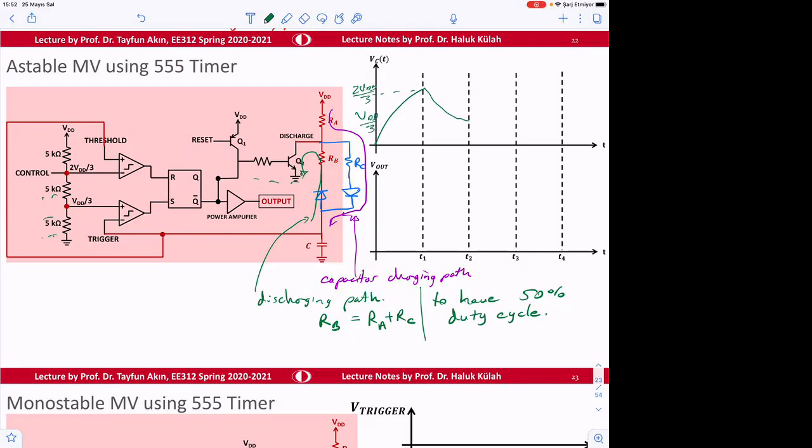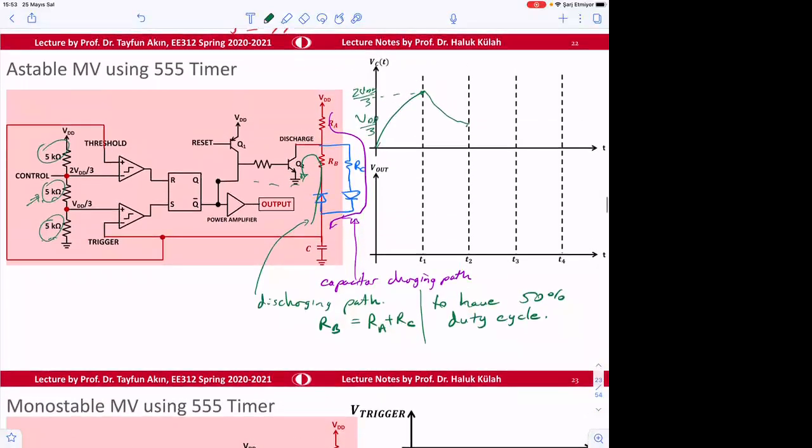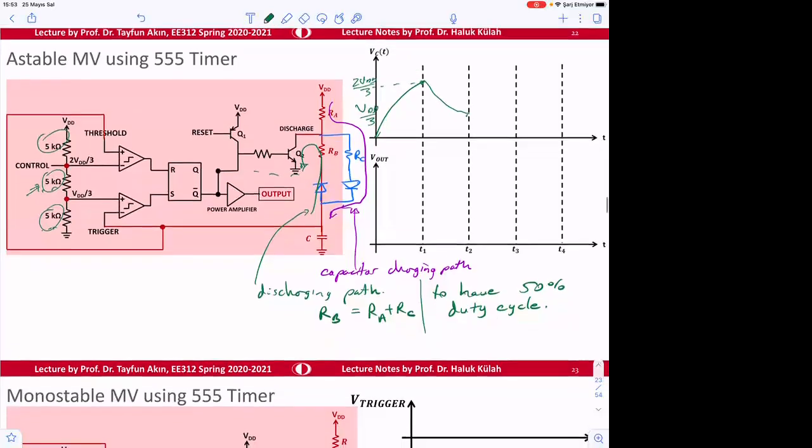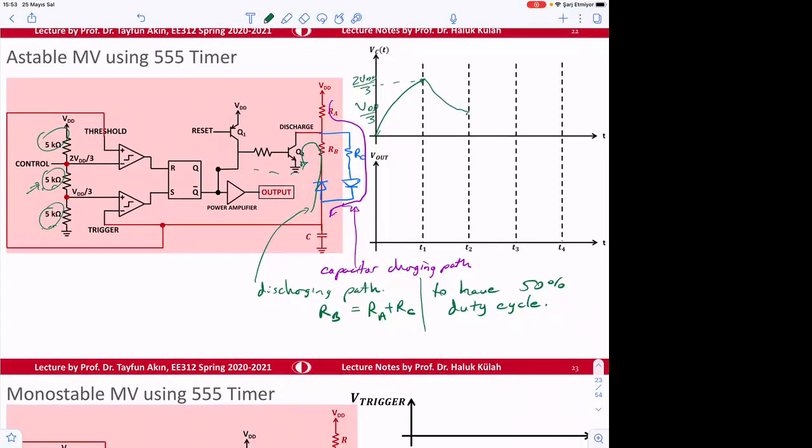Of course, if you change these resistor ratios, then these numbers will be different, right? In the exam, sometimes we make this 10K just to see if you will be able to find the switching points. We try to make interesting circuits like that.